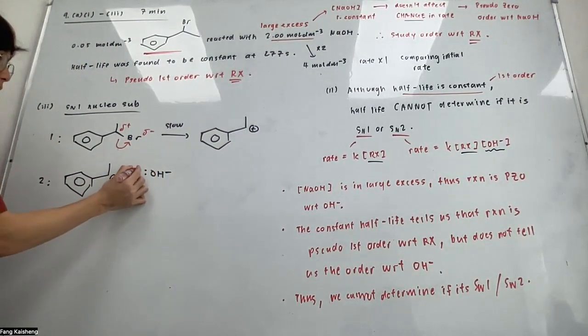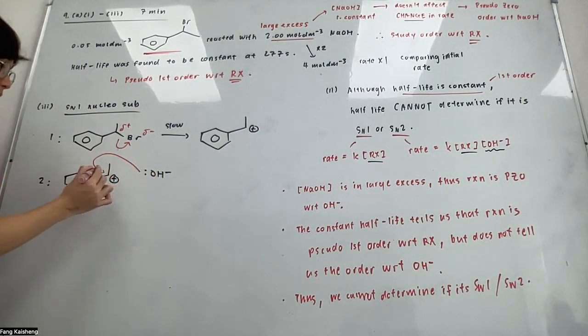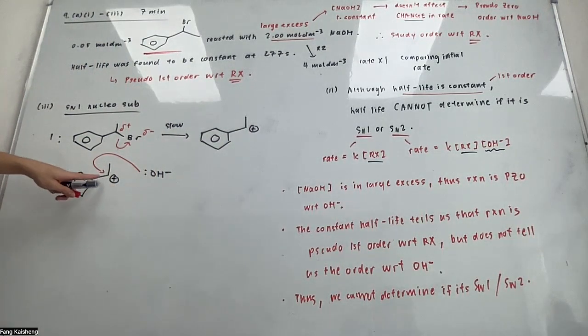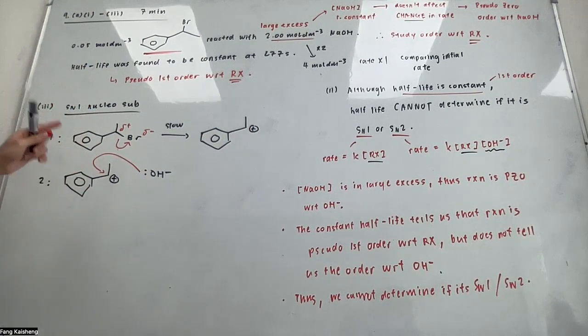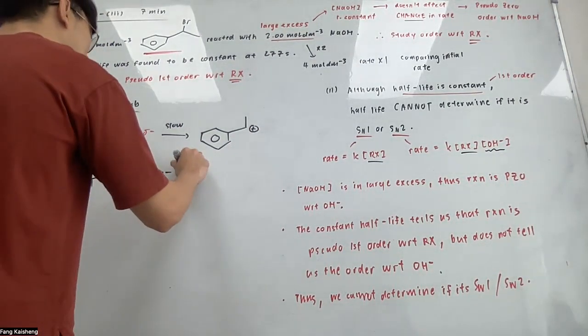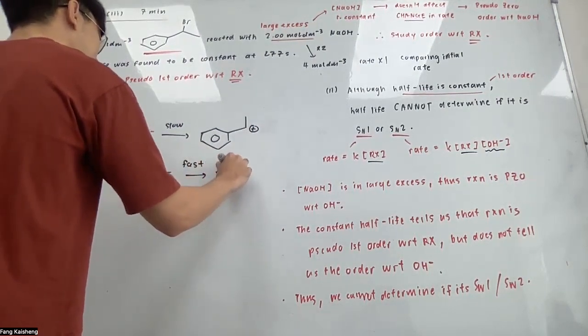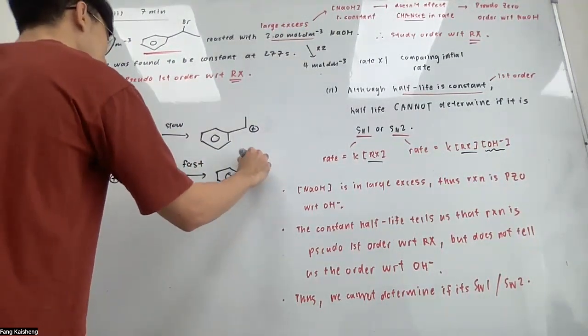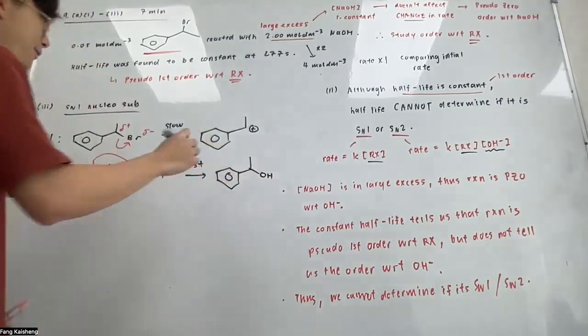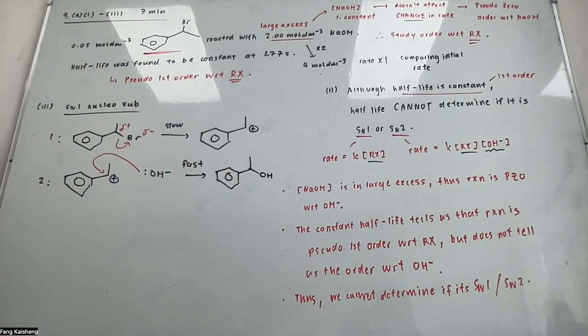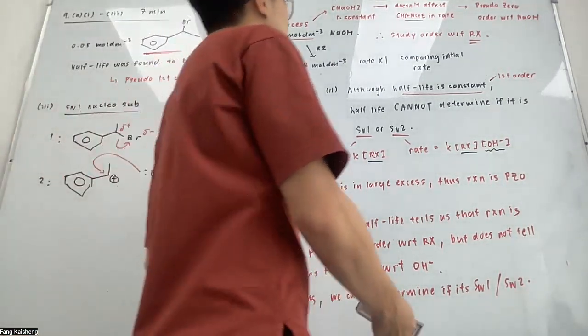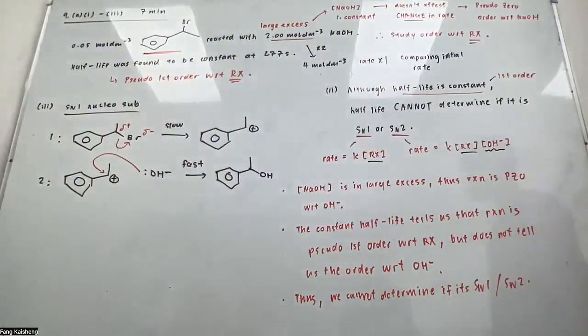Lone pair on OH minus attacks the carbon. I make sure that my arrow is unambiguous. I attack the carbon, can you see that? And when I attack the carbon, that's how I get my fast step, and finish. This is honestly a freaking easy mechanism. SN1 is 10 times easier than SN2, that's for sure.